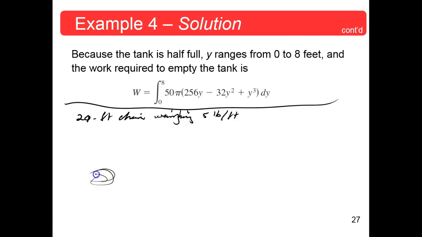Here's a wad of chain coiled on the ground. How much work is required to raise one end of the chain to a height of 20 feet? So you're going to raise this up to 20 feet, so that it is fully extended. They show a backhoe doing it. I'm just imagining some unknown force is lifting it up.